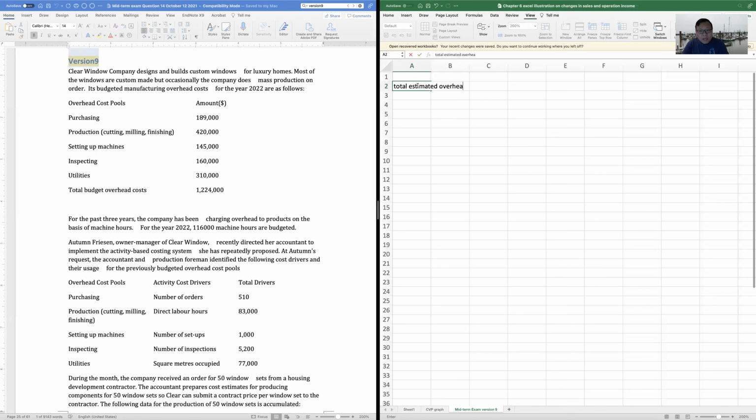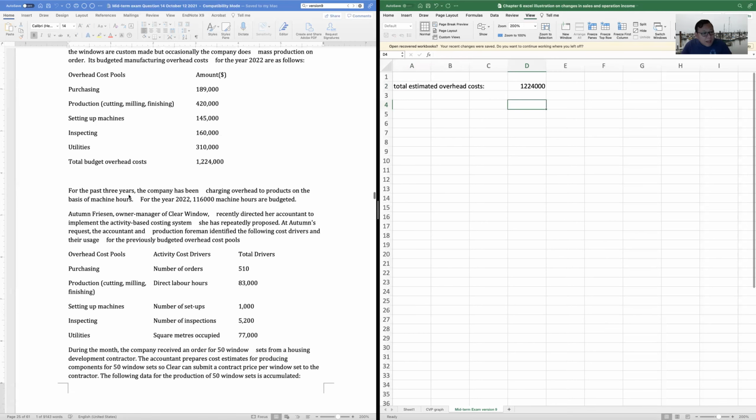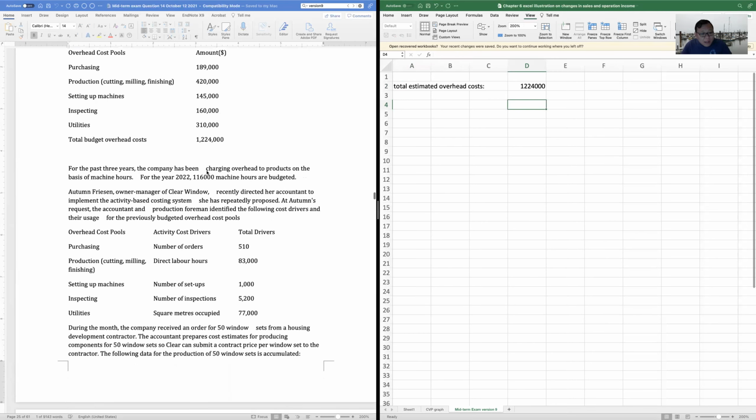So total estimated overhead cost will be 1,224,000, right? For the past 3 years, the company has been charging overhead to product on the basis of machine hour. So they're saying that in the previous 3 years, they were using only one cost driver, that is the machine hours.